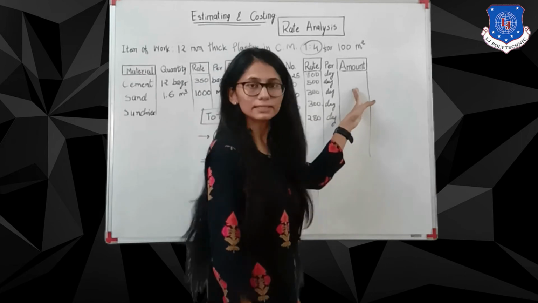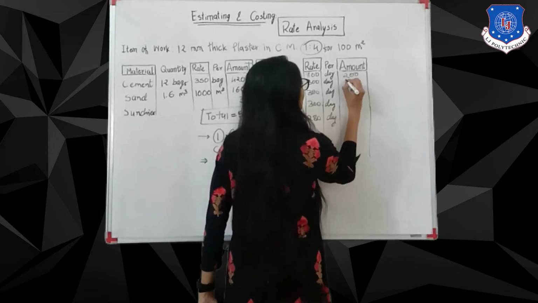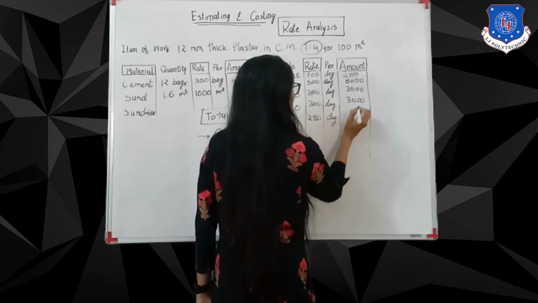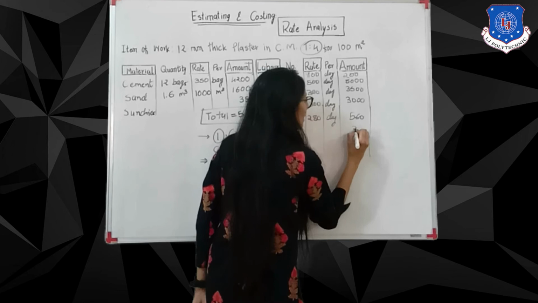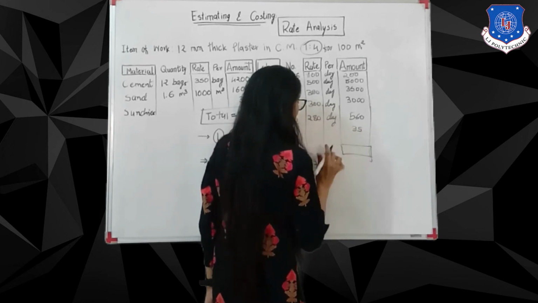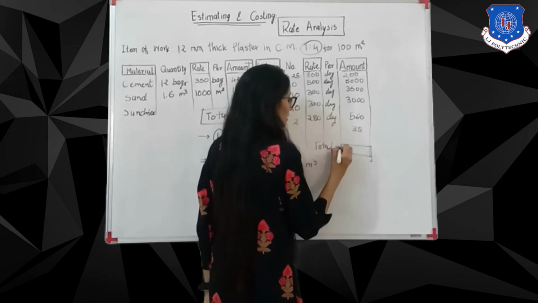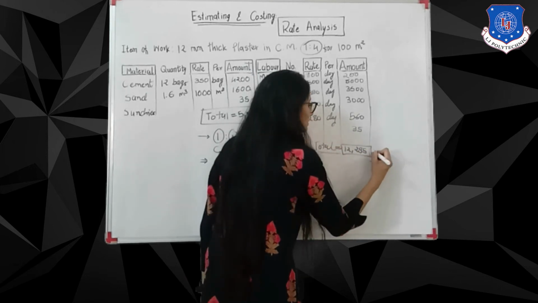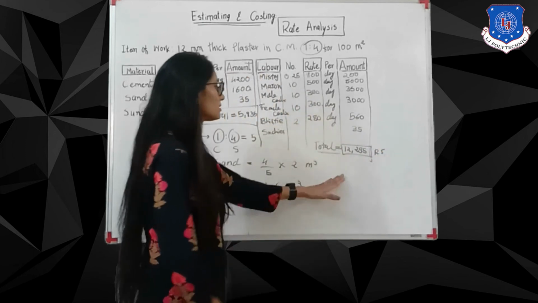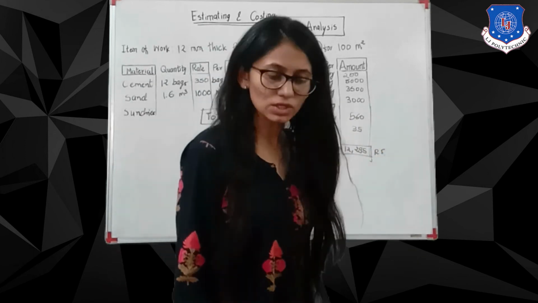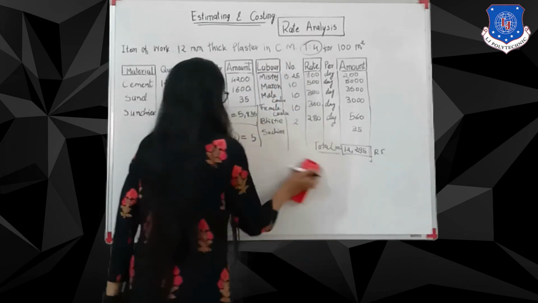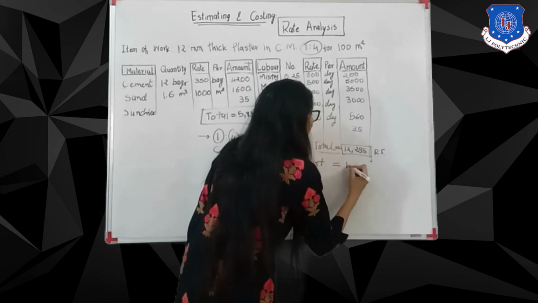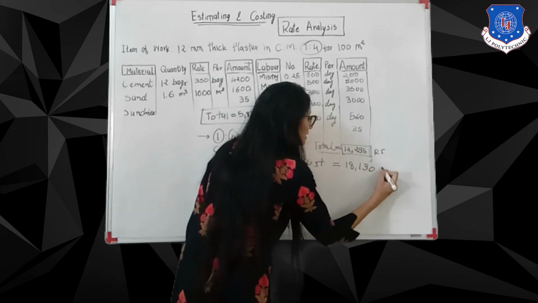Next we are going to calculate the final amount. Sundries, I am taking 35 rupees. The total cost of labor is 12,295 rupees. So the total cost of labors and materials is 18,130 rupees.